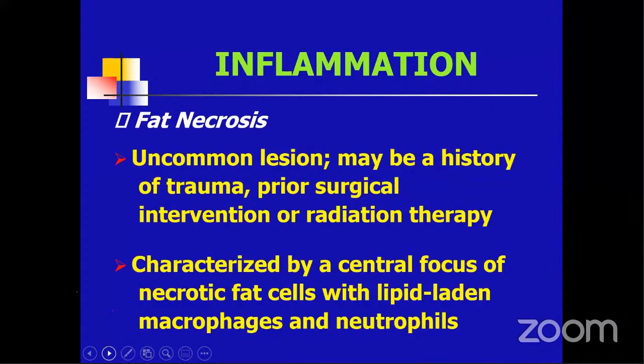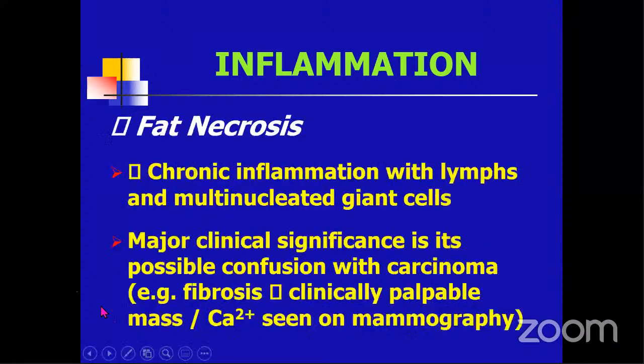So another would be fat necrosis, though uncommon, so may be common in a history of trauma, surgical intervention, or radiotherapy. So this would be characterized by a central focus of your necrotic fat cells with lipid-laden macrophages and neutrophils.